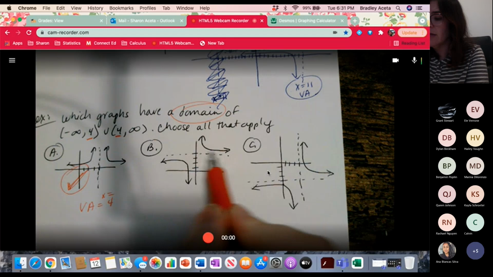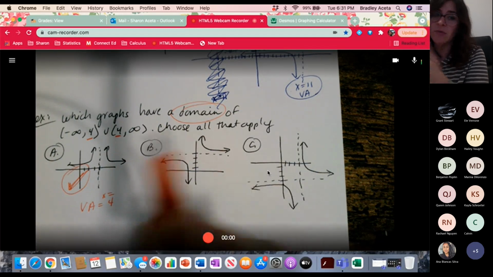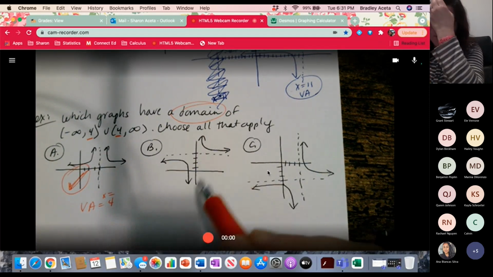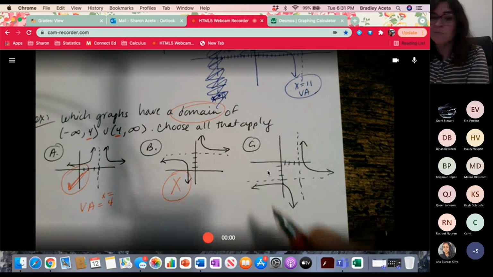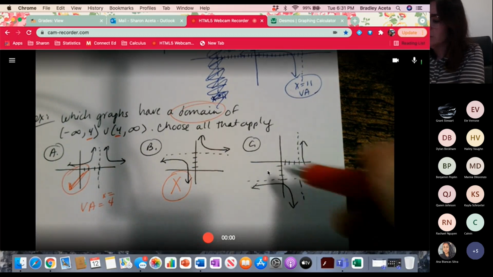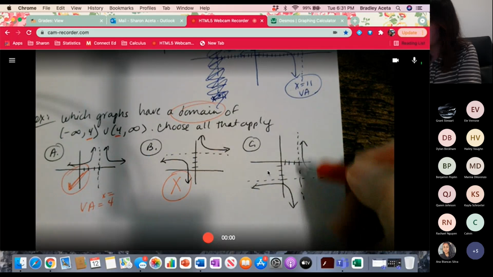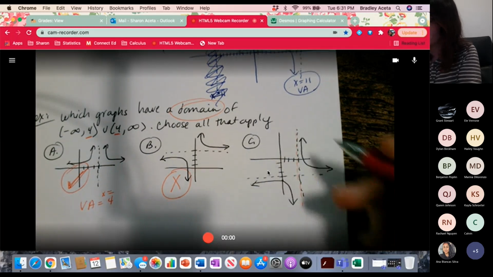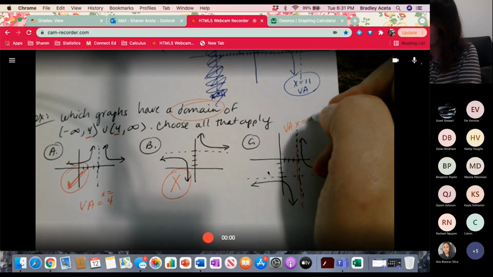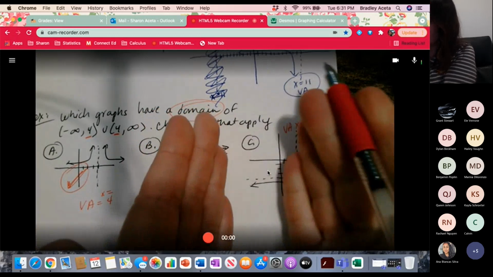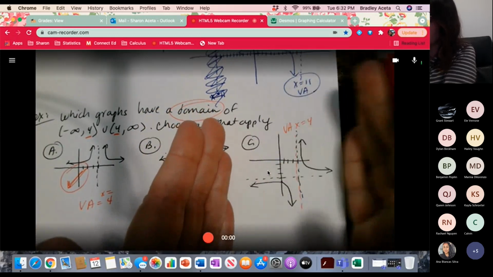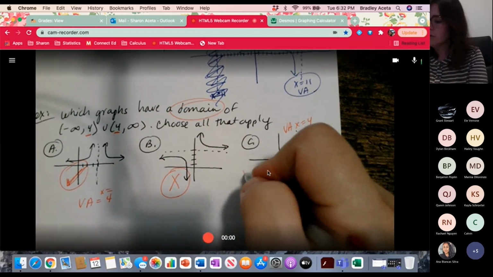It has a horizontal asymptote at 4, but that would be a range. So this doesn't work. Does this one have a vertical asymptote at 4? 1, 2, 3. Yes, it does. Right here, vertical asymptote x equals 4. So again, my domain is from negative infinity up to 4, 4 to infinity. So this one also works.